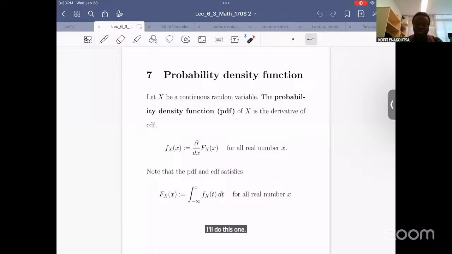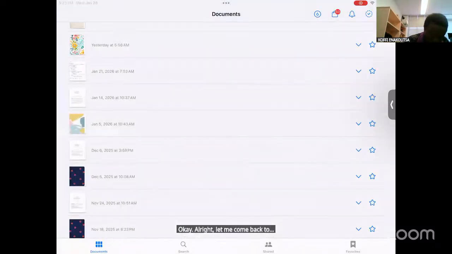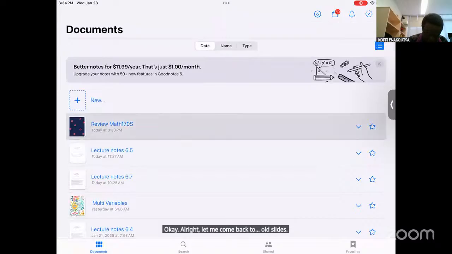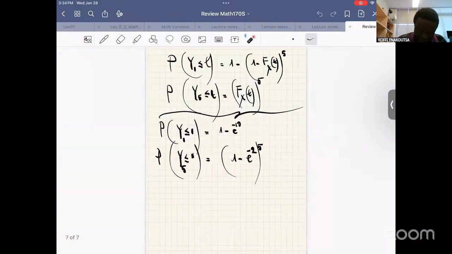All right, something simple. I'll prefer something that is simple so you can understand this quickly. First, F, what is the F? Yes, this one. Sorry for the delay. Okay, so, all right, let me come back to my old slides.